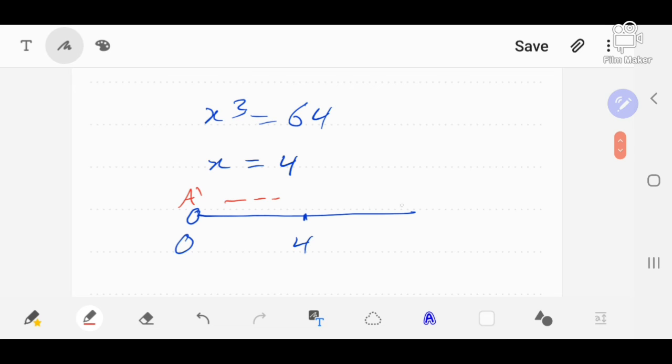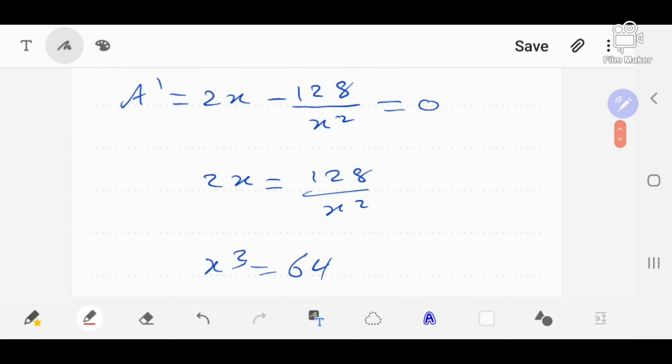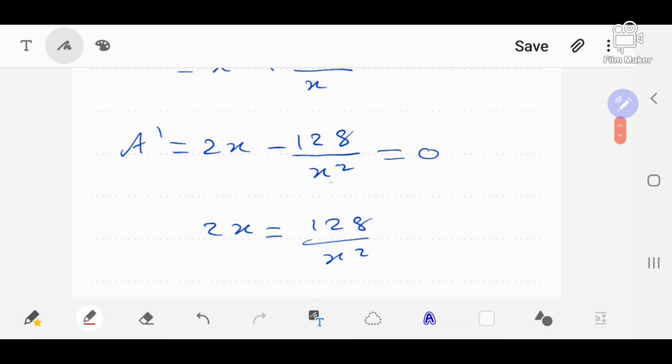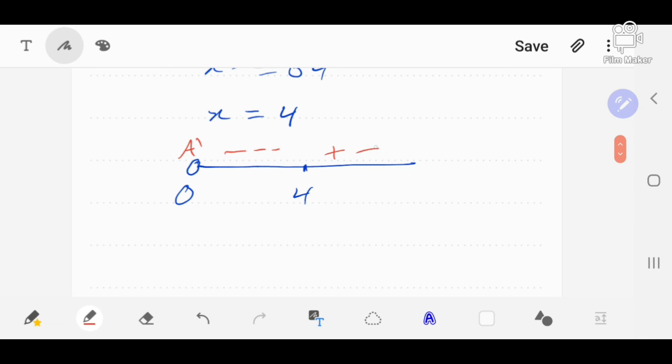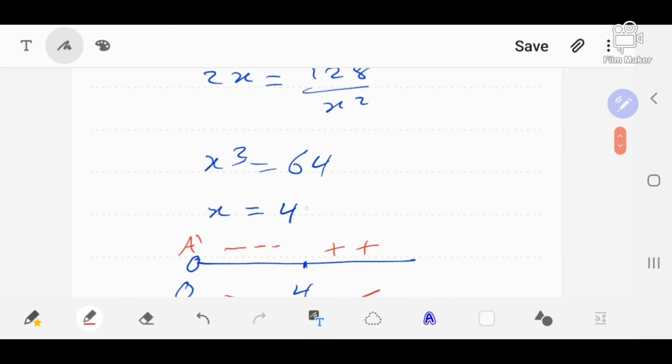Anything greater than 4, let's say 5. 128 over 25, that's about 5 point something. 2 times 5, that's 10, minus something less than 10, then that's surely positive. You can use a calculator, of course, for that. So negative means decreasing, positive means increasing. So here we have a minimum value. So x equals 4 will give you a minimum value.